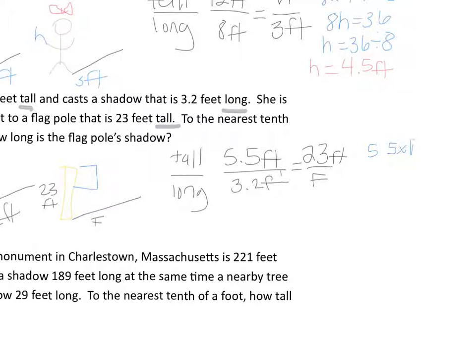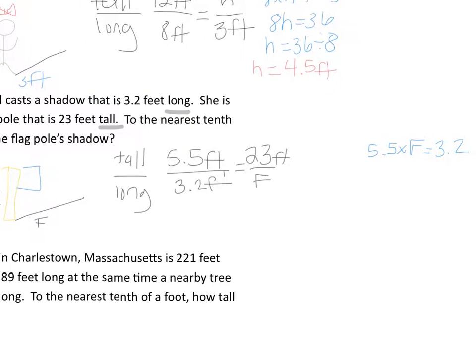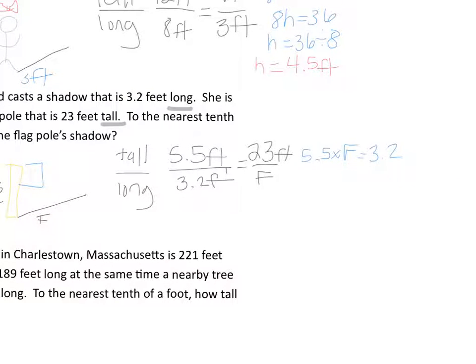5.5 times F is going to equal 3.2 times 23. So we get 5.5F is equal to 73.6.